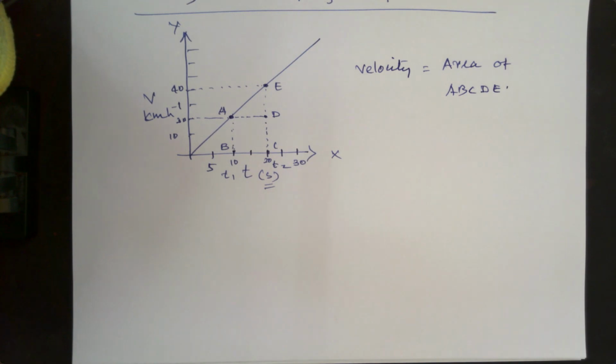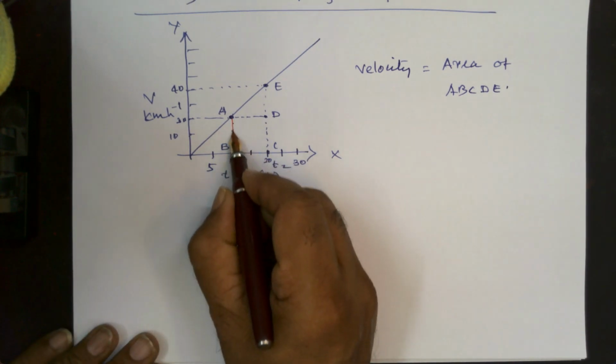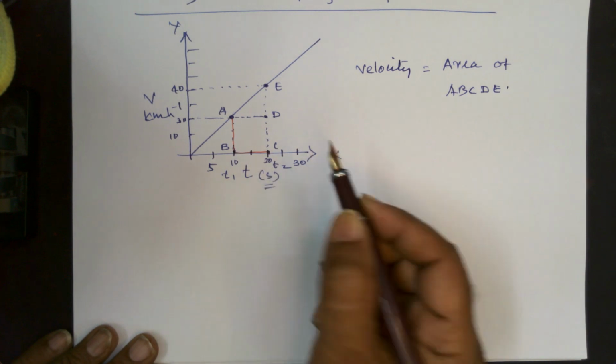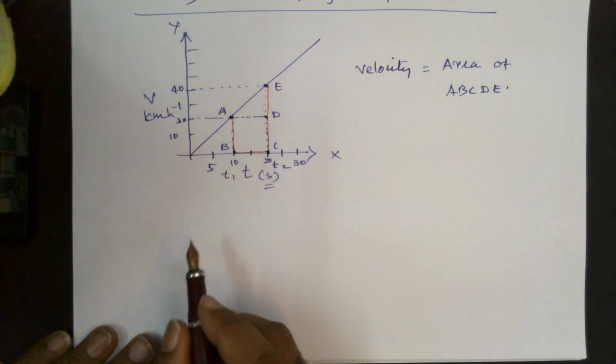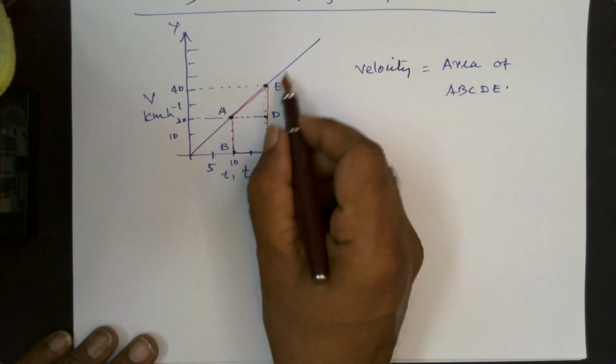I will highlight this with the red ink. So A, B, C, D, E, okay, and you can close.